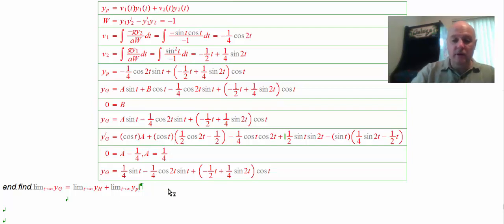The point I'm trying to make here is that if the eigenvalues of the equation both have negative real part, then this piece, the homogeneous solution as t goes to infinity, is equal to 0, and so eventually the solution just approaches that of the particular solution.